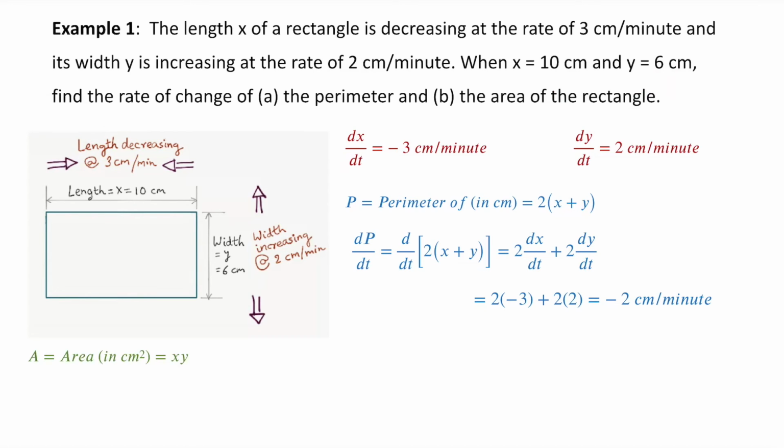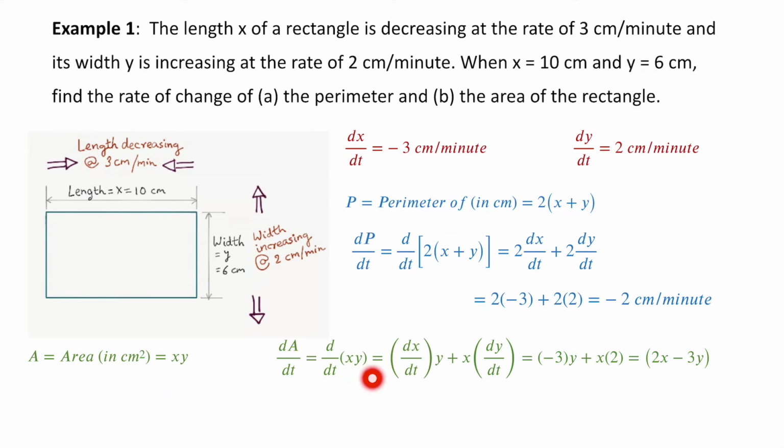Now we already know that the area of a rectangle is length times width, and the unit here would be centimeter square. So therefore, what would be dA/dt, the rate of change of area with respect to time? So we have to calculate d/dt of xy, and we can apply the product rule of derivatives, which means the derivative of the first term multiplied by the second term plus the first term multiplied by the derivative of the second term.